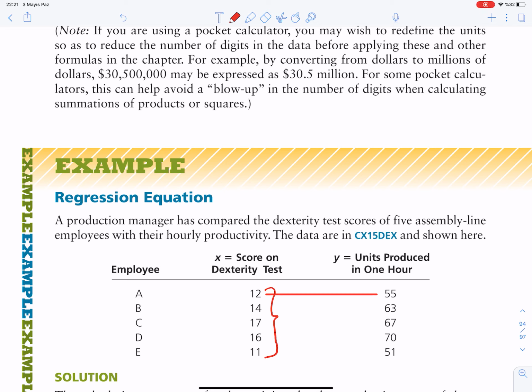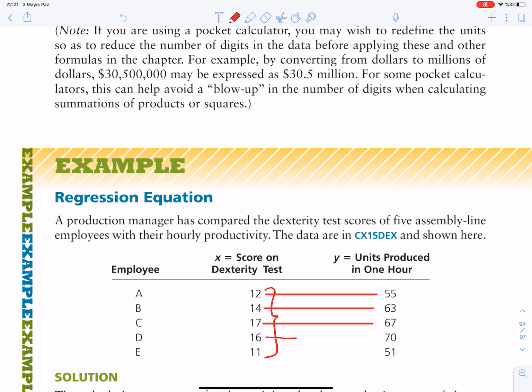The next employee has a score of 14 and produces 63, so it's increasing. The next one has a higher score, 17, and produces even more, 67.